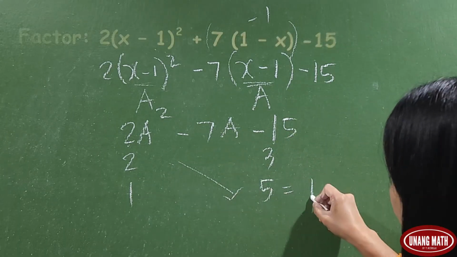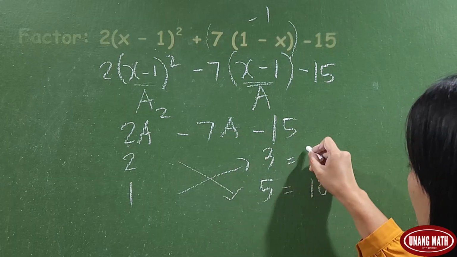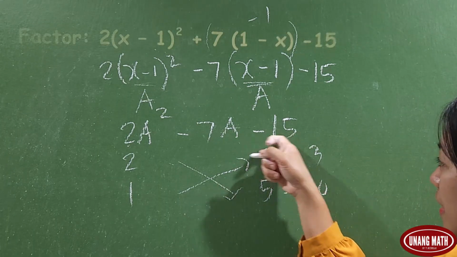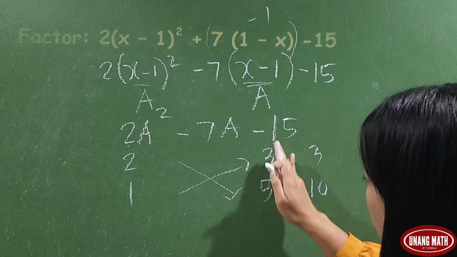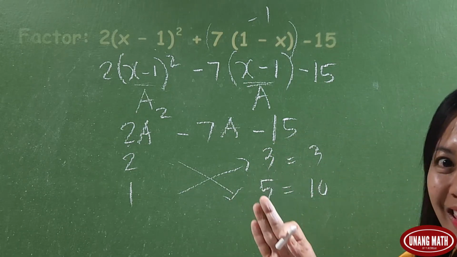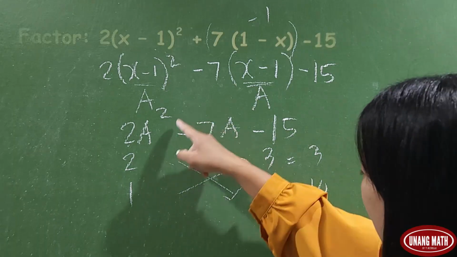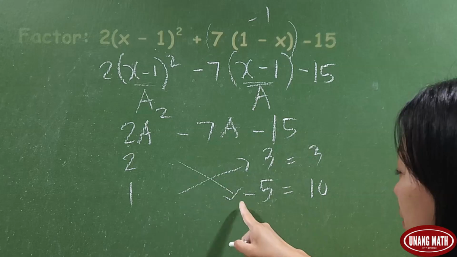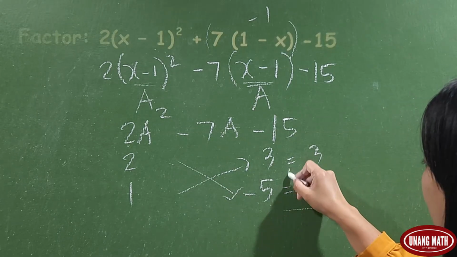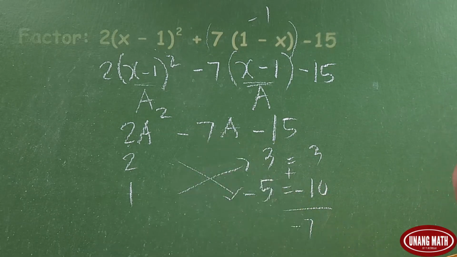So this is 10 and this is 3. But take note, this is negative 15. So it means one number here is negative. Since this is negative 7, it means this is negative 5. So 2 times negative 5, this is negative 10. And when we add, we will get negative 7.